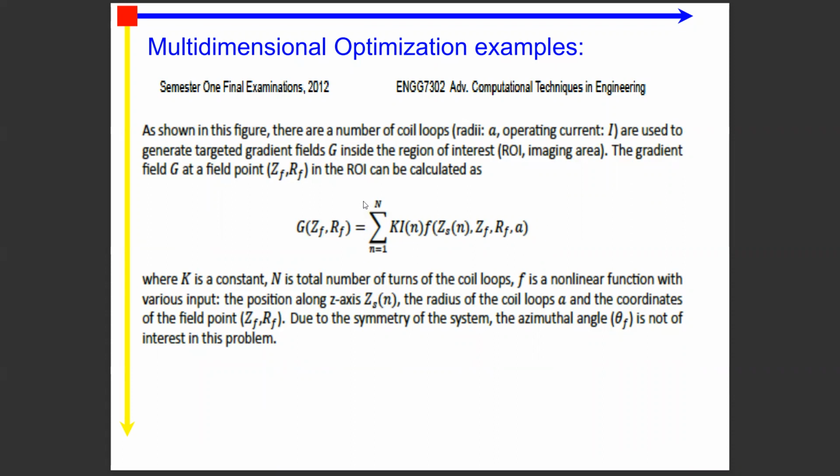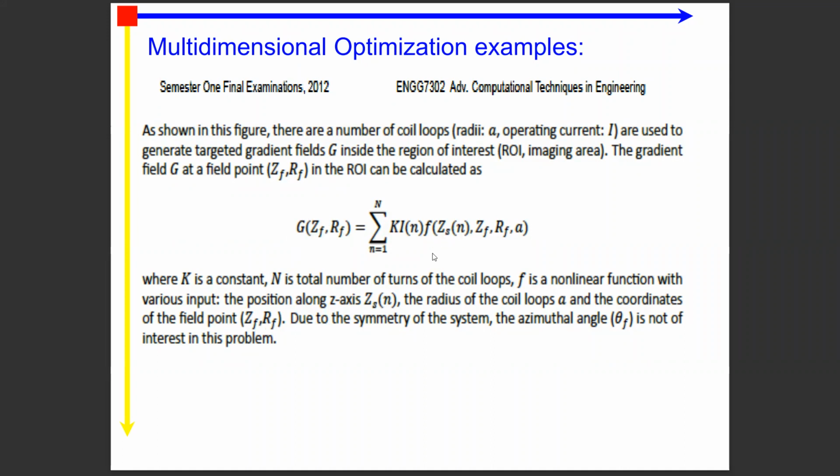It's not actually going to work computationally, it's just for the exam question that this was the conceptual function, and it had a coefficient k, which is a constant, n number of turns, and f is a non-linear function. And we have here, for example, the field point G at ZR, and we also have the positions ZS of the coils.